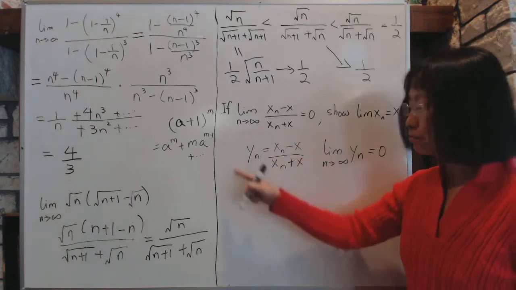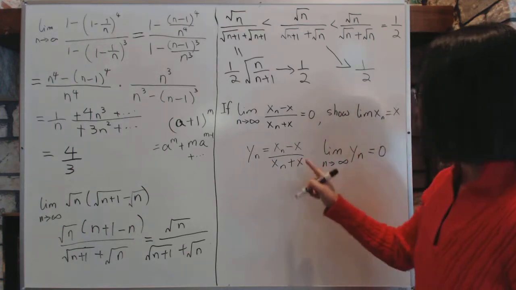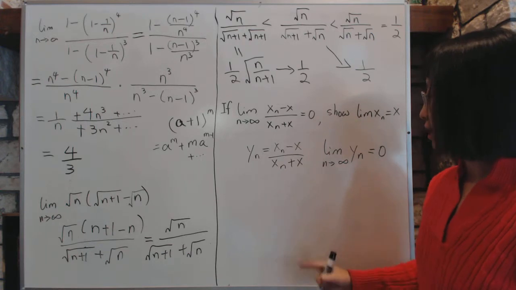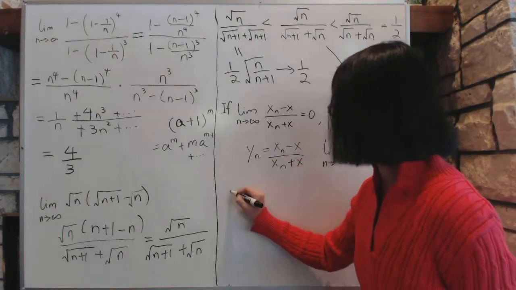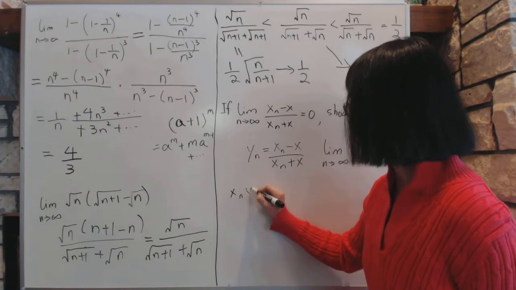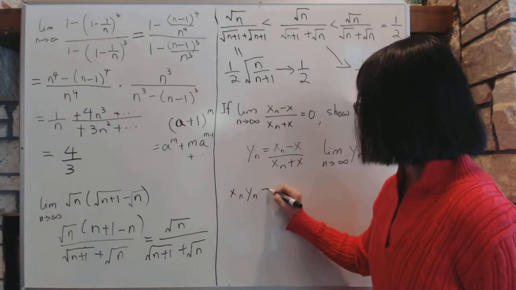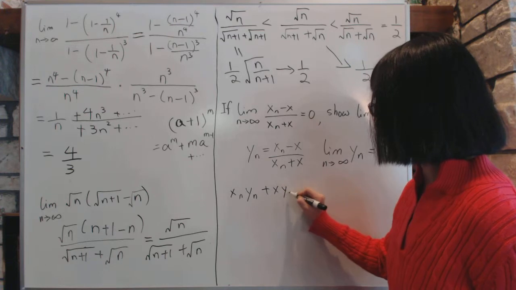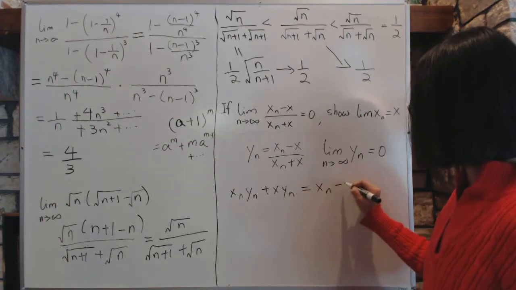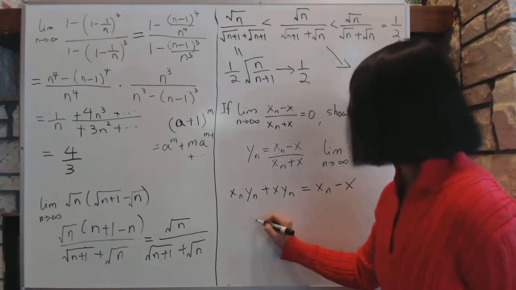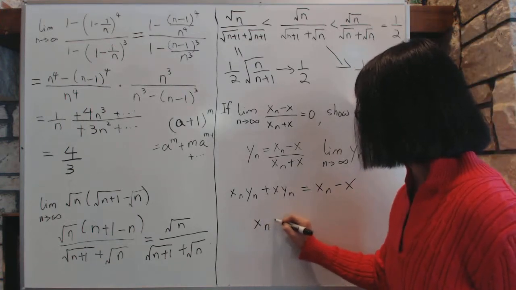So then what? Then we're going to do fractions. Again, we're going to isolate xn out of this mess. So to isolate xn, we multiply both sides. So we have xn yn plus x yn equal to xn minus x. And then from there, we will isolate xn.